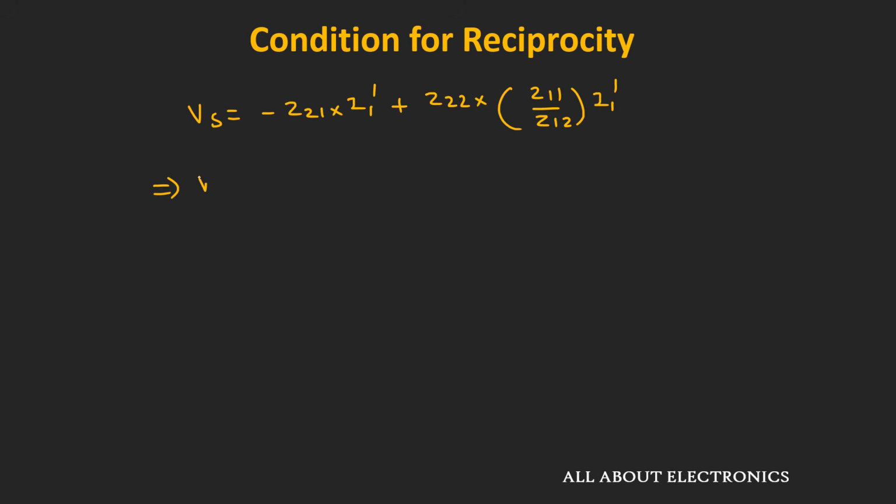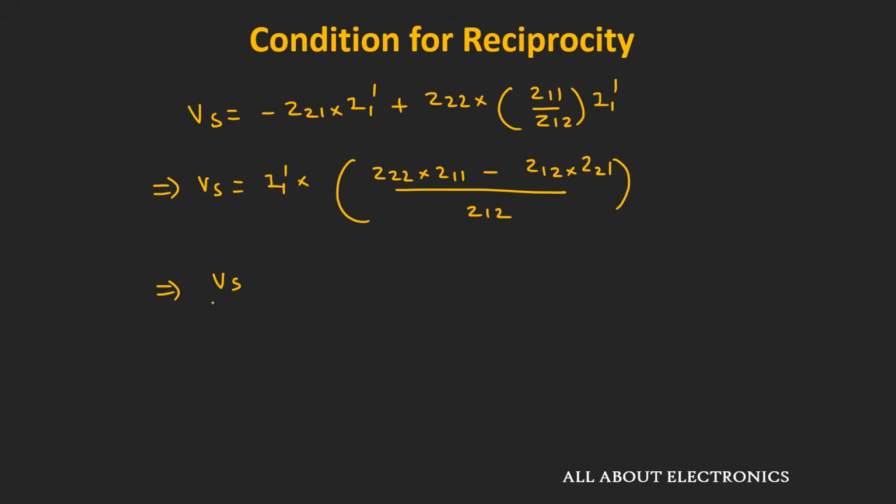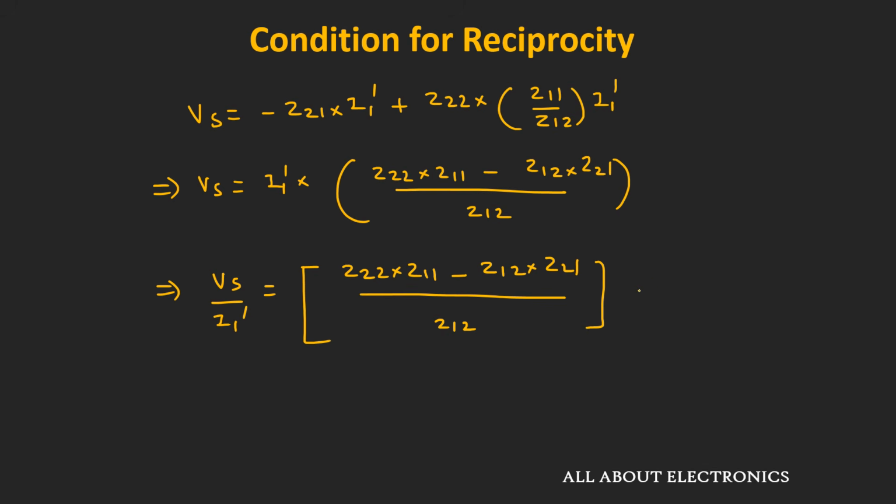Or we can say that voltage Vs is equal to I1 dash times (Z22 times Z11 minus Z12 times Z21) divided by Z12. That means the ratio of voltage Vs and I1 dash is equal to (Z22 times Z11 minus Z12 times Z21) divided by Z12. And let's say this is expression number 2.